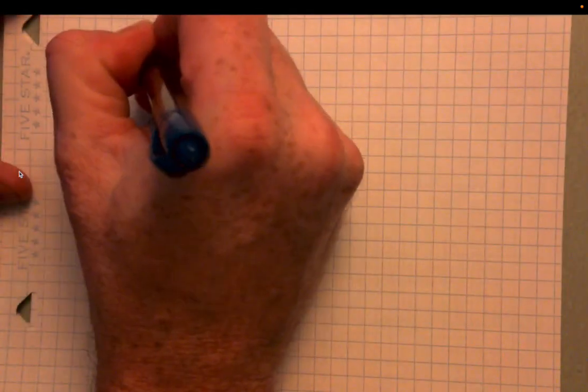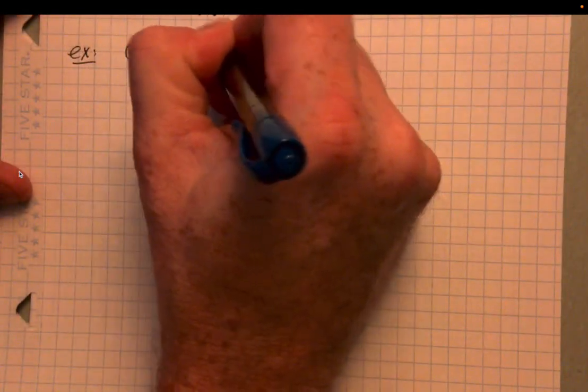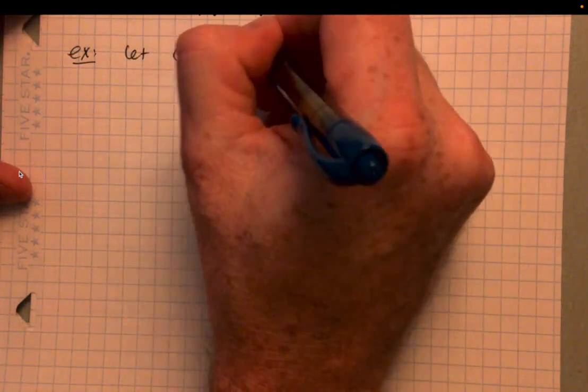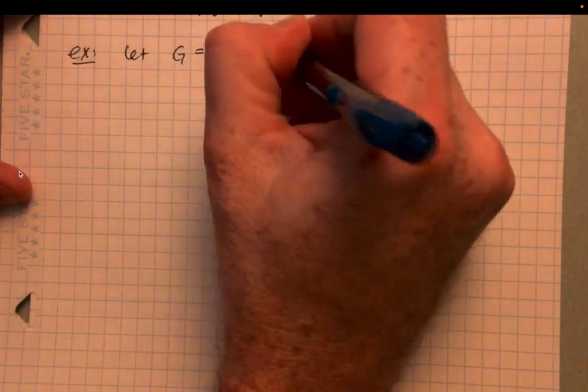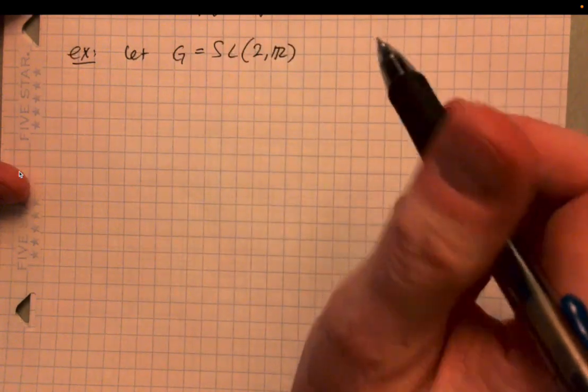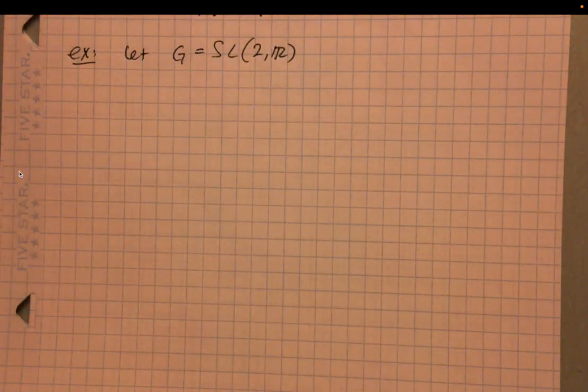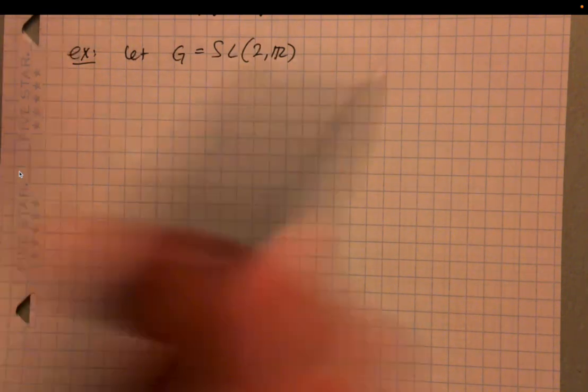So in this case, let's let G equal SL2R. Now, what the heck is this group? This is the group of 2 by 2 matrices with real valued entries, and they're going to have the standard linear group, right? So they're going to have determinant equal to 1.